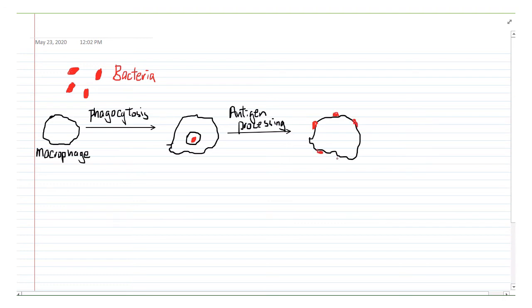Okay, the macrophage is really proud of what it has done. It's very happy that it ate the bacteria, and it wants to show everybody. So it will show everybody by putting the bacterial antigens on its surface. So these red circles are bacterial antigen. Okay, so this process is called antigen processing.